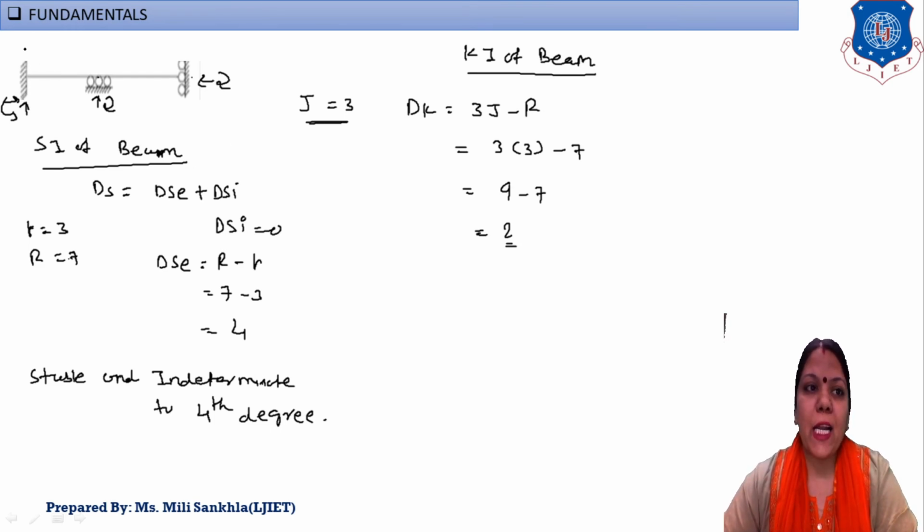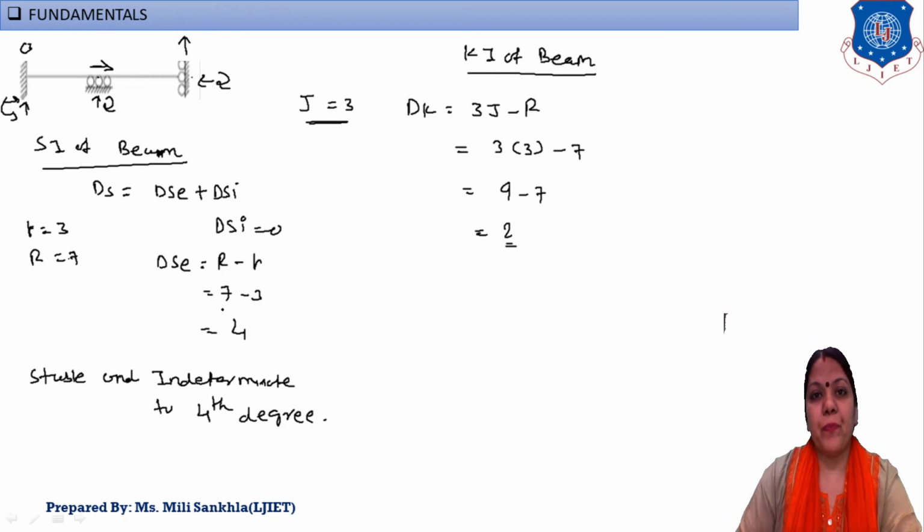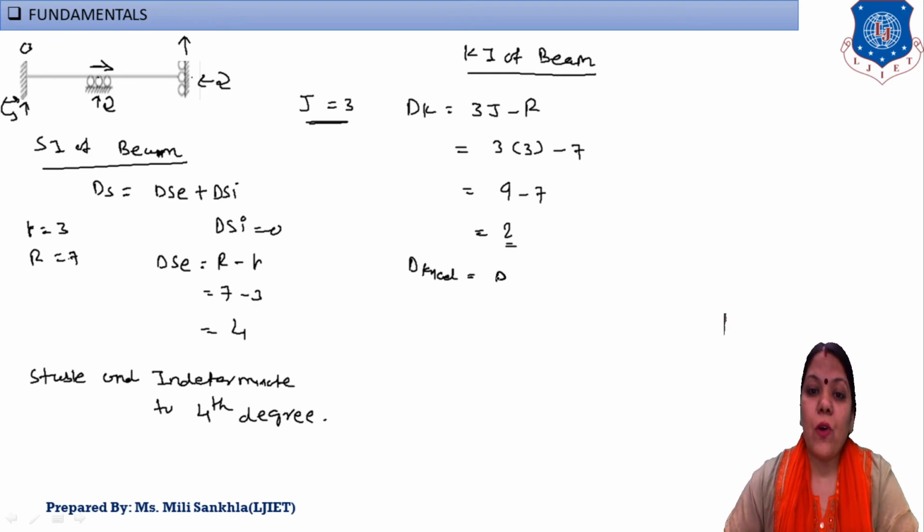Now is my answer 2 right or wrong? Verify. Fixed support is allowing 0 degree of freedom. Horizontal guided roller is provided, and this horizontal guided roller is allowing for horizontal displacement. This vertical guided roller is allowing for vertical displacement. So 9 minus 7 is equal to 2. My answer is right. Now we find out Dk NAD. Dk NAD is equal to Dk minus m.